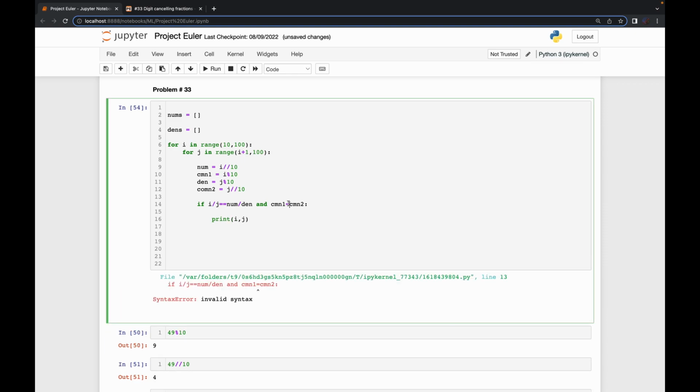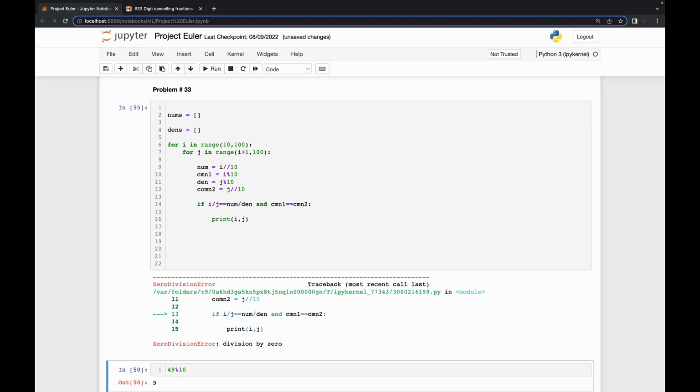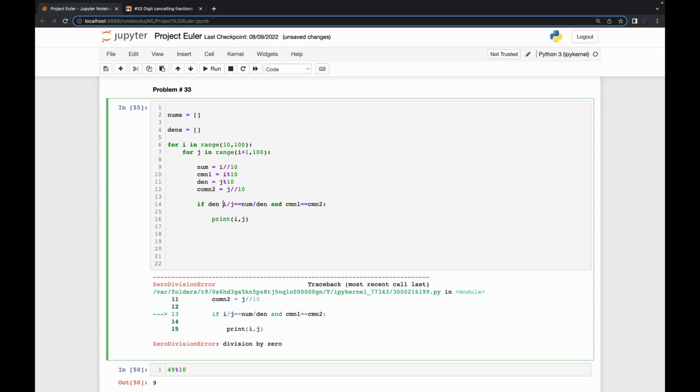Here we get a division by 0, since the denominator might be 0, so we'll have to add the condition that the denominator is not equal to 0.